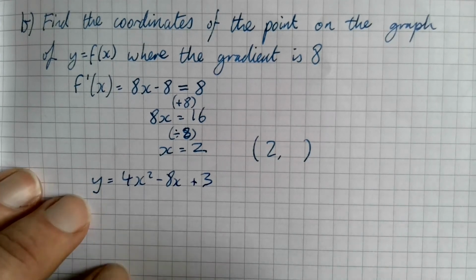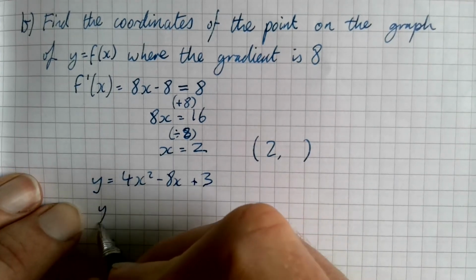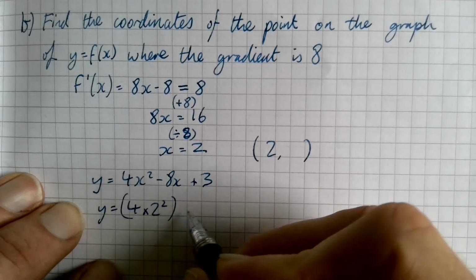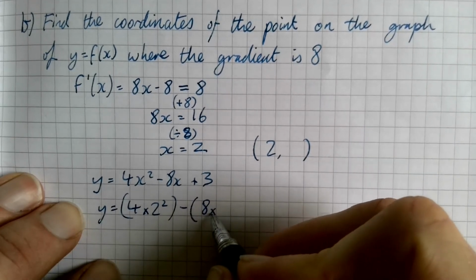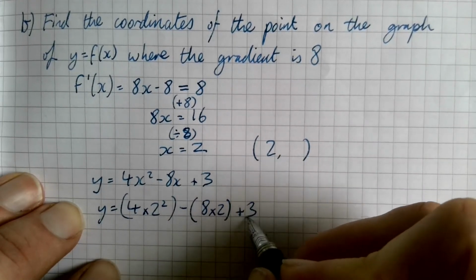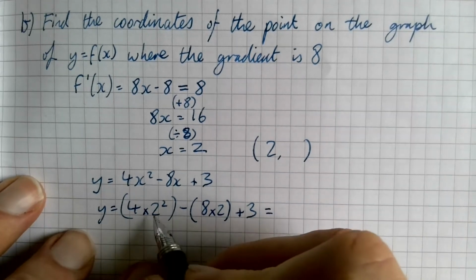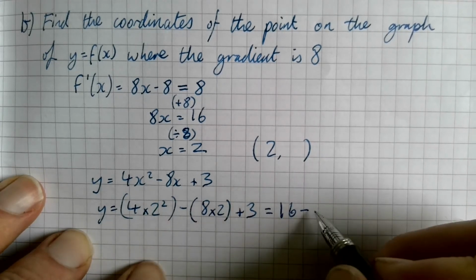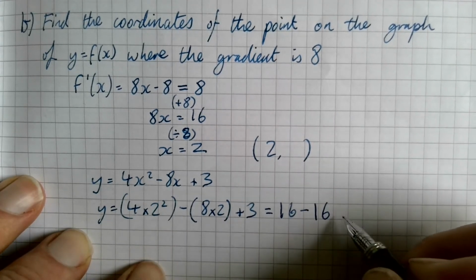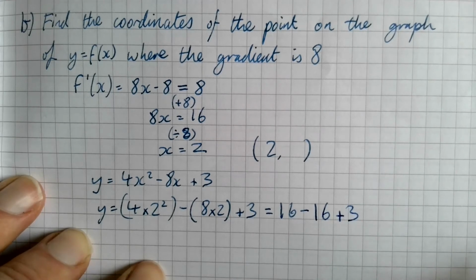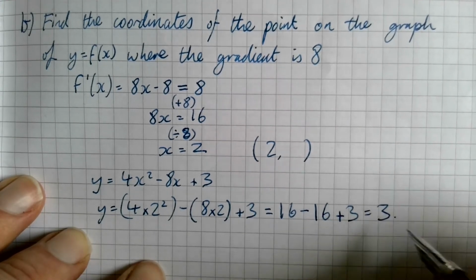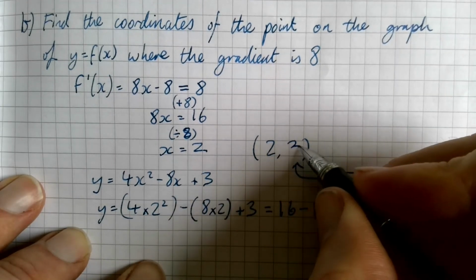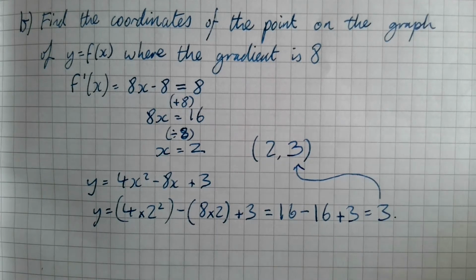So in that instance, we substitute 2 in, and y is going to be 4 times 2 squared, take 8 times 2, plus 3. 2 squared is 4, 4 fours are 16, 8 times 2 is 16, so that's 16 take 16 to get us to 0, and then plus 3, which all gives us 3, and therefore our y coordinate is 3.